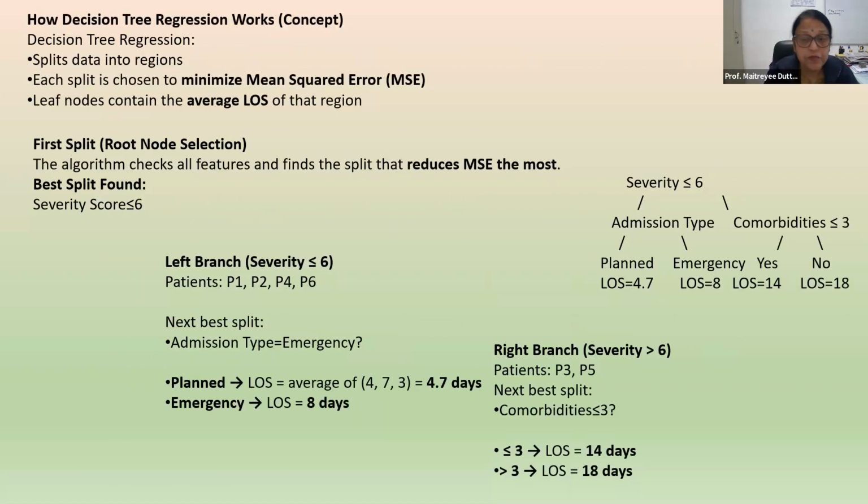Any doubt? Any doubt in understanding of the decision tree algorithm? So we have found out from the root, and after that, depending on the values, we are finding the branches.